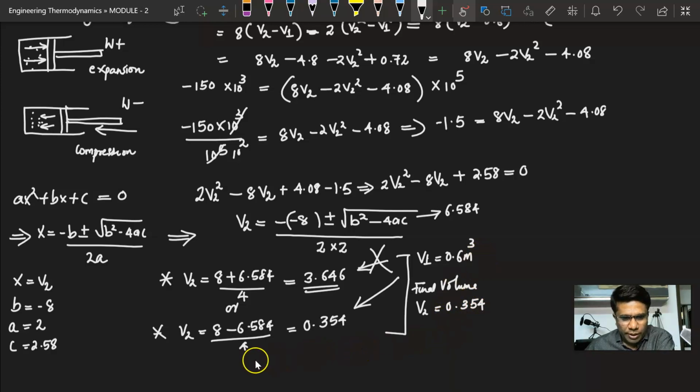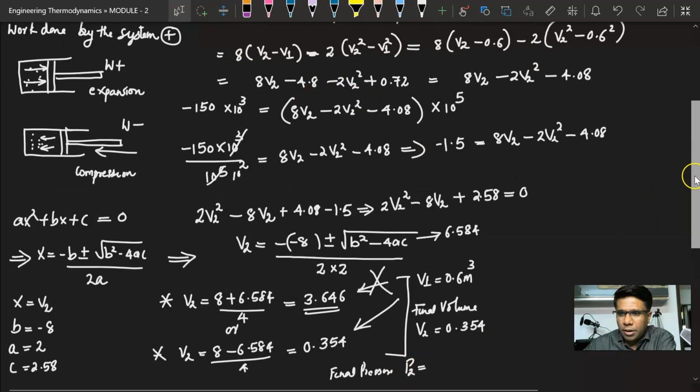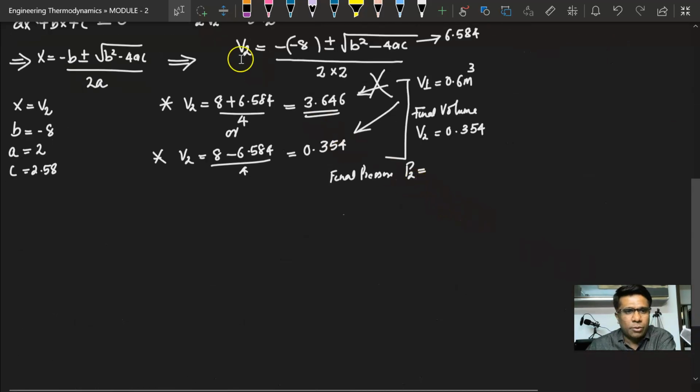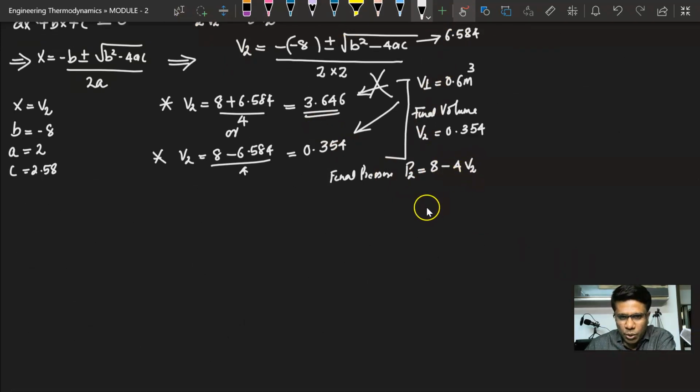Now, what is the final pressure? How will you find the final pressure? The final pressure P2 is equal to, you have the equation here, right? This is the equation 8 minus 4V. Therefore, I'll apply that one, that is P2 is equal to 8 minus 4V2.